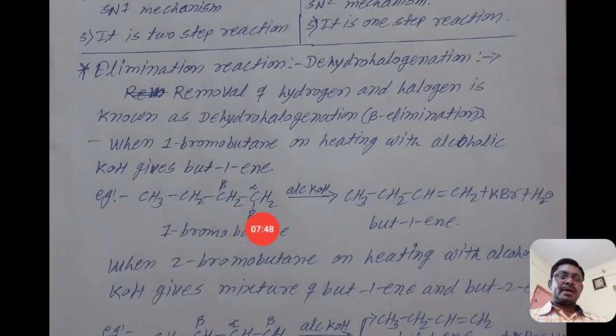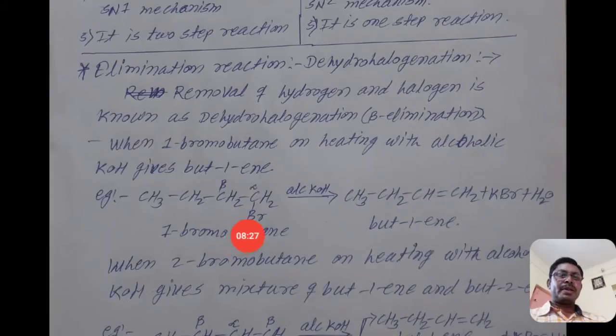In that reaction, the halogen atom and the adjacent beta hydrogen atom are removed. The hydrogen attached to the same carbon as the bromine is not removed.